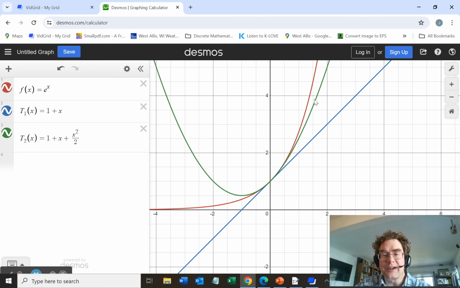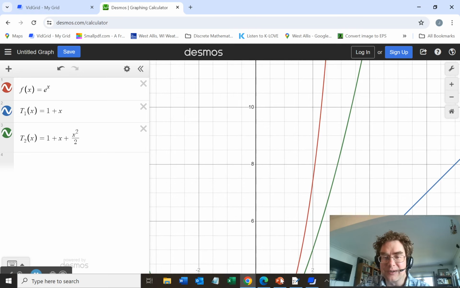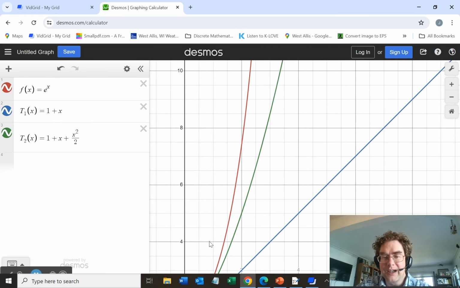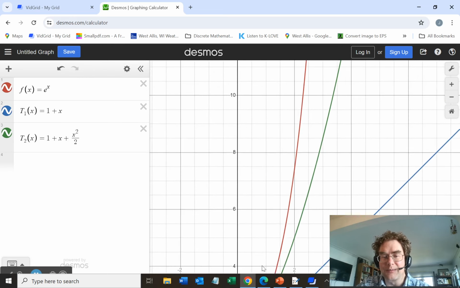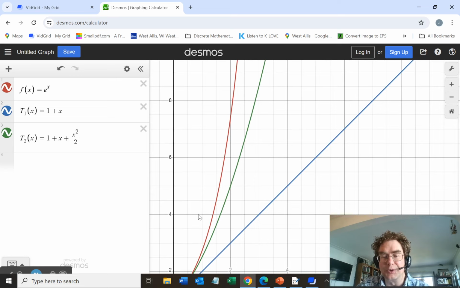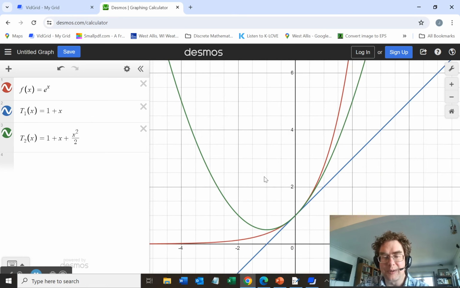On the right, again, it looks fairly good. The exponential function starts increasing faster, as exponential functions tend to do, so they get further apart. But you can see that certainly the degree 2 green approximation is a lot more realistic and more accurate than the blue degree 1 Taylor polynomial approximation.